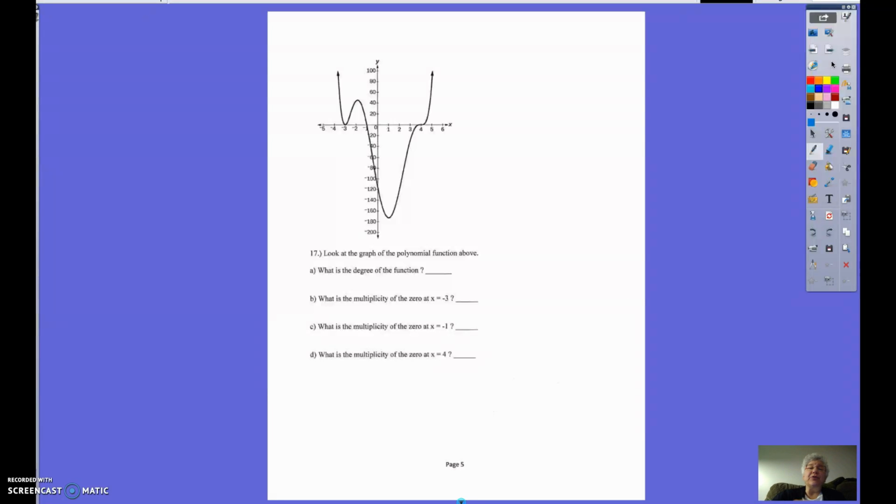So again, we're going to pay attention to how each of our x-intercepts hits the graph. So we've got 3 x-intercepts. Those x-intercepts are -3, -1, +4. And the first function hits the x-axis and turns around.